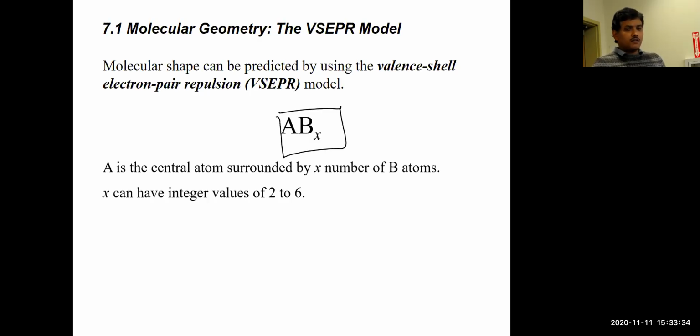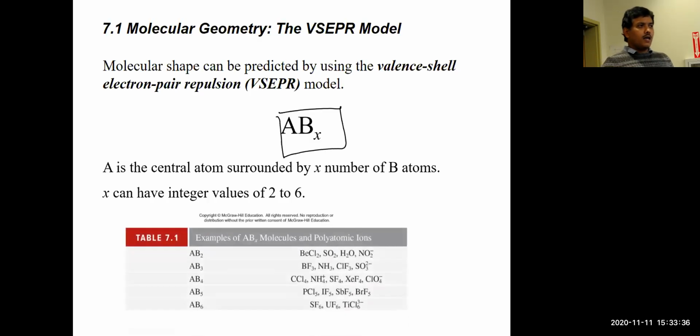But for now, generalization. You can generalize those types of ABX into, when B is 2 atoms, BCl2 or SO2, H2O, or NO2. Okay. And you can generalize them into AB3, where the central atom is connected to 3 atoms.